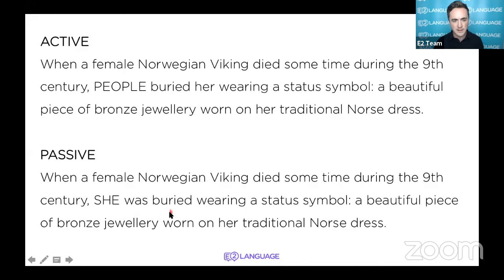Cool, please read this one. It's a bit longer. Specifically, people buried her or she was buried. This is where the active versus passive part is.